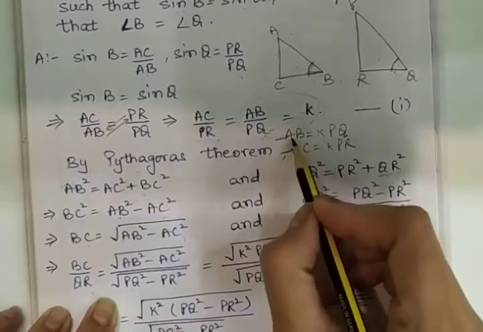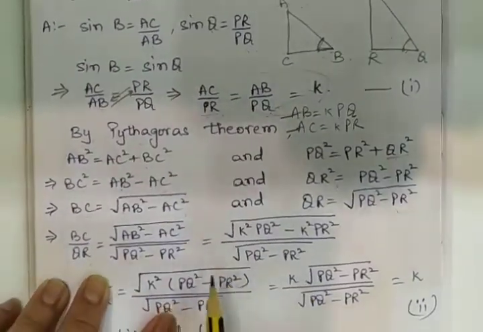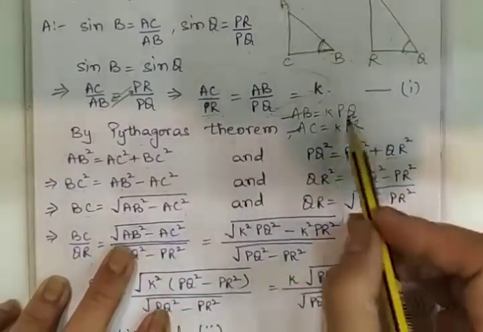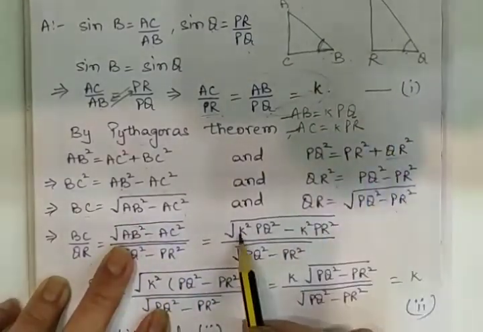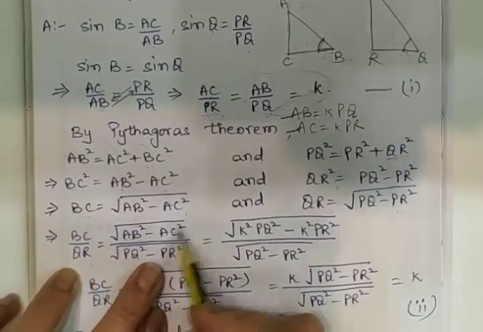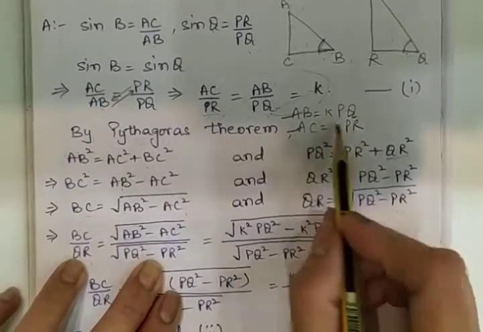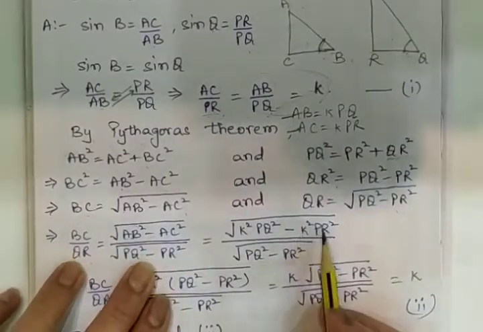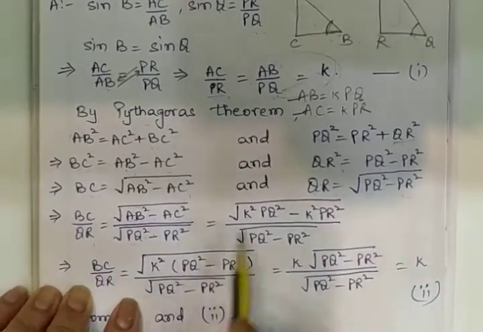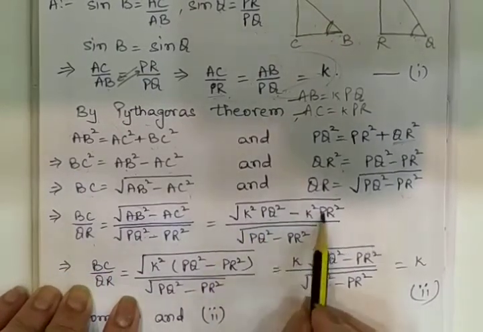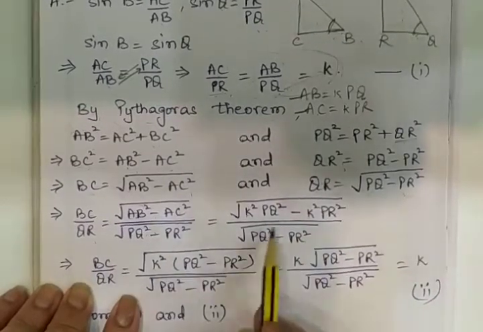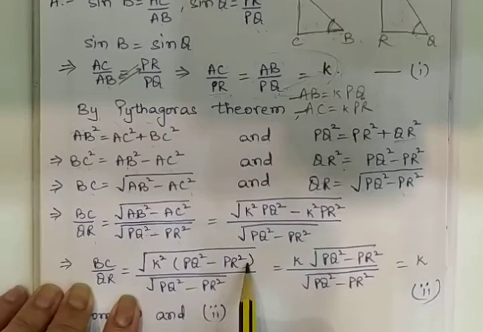So in place of AB, what do we put here? In place of AB we put kPQ, so AB square will become k square PQ square. I have written here k square PQ square. Similarly, minus AC square, so for AC square we get k square PR square. I have written k square PR square and the denominator is as it is. Now in these two terms k square is common, so k square comes out and in the bracket we get PQ square minus PR square.